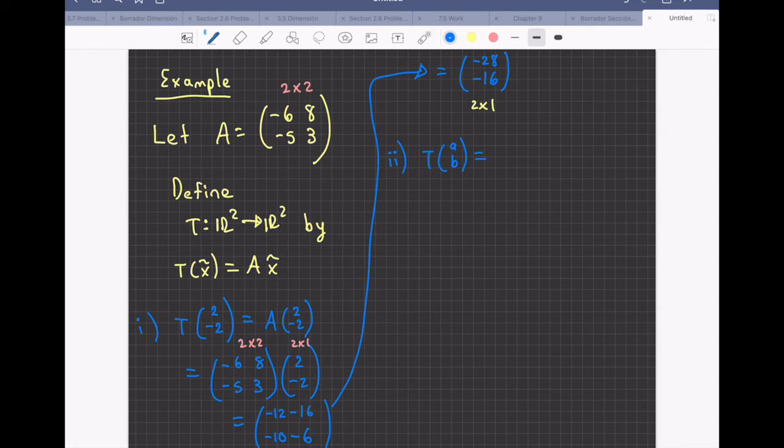So this is going to be A times (a, b), or this matrix [-6, 8; -5, 3] times (a, b). But this is only -6a plus 8b, -5a plus 3b. There you have. In the web board, you will find an exercise similar to this as well.